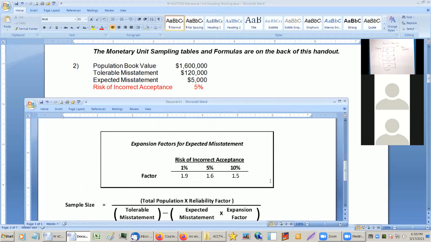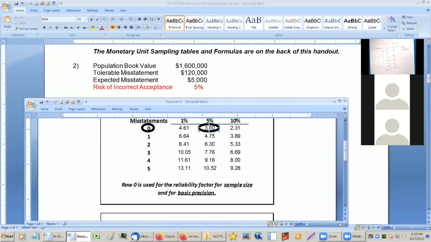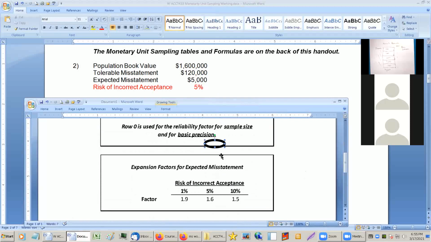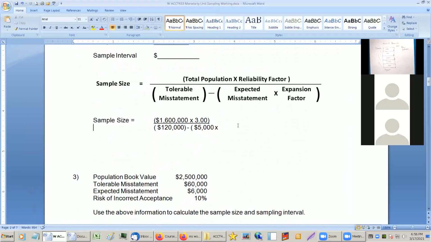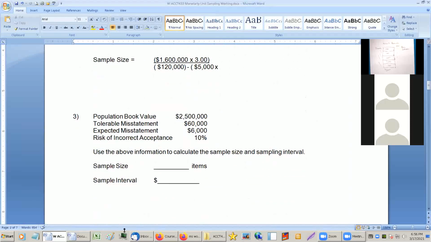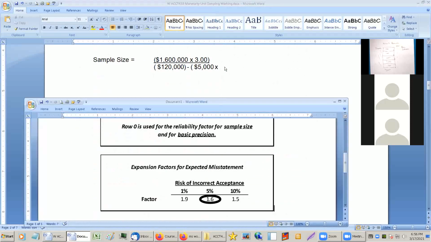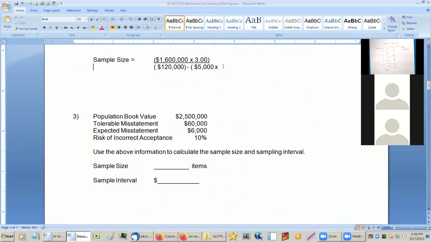Nice thing about the expansion factor, there's only one of them. So the expansion factor is 1.6. So we're at 5,000 times 1.6.